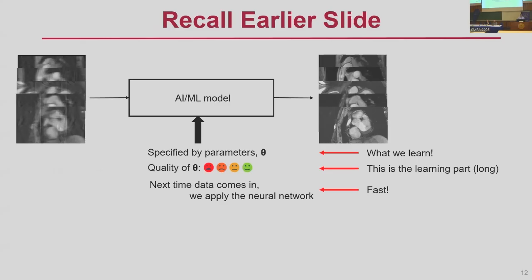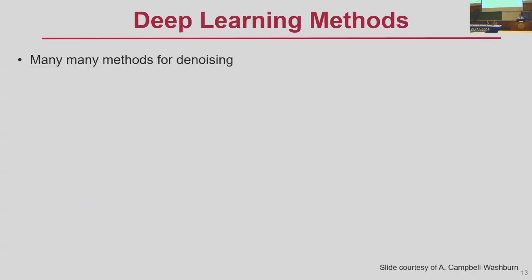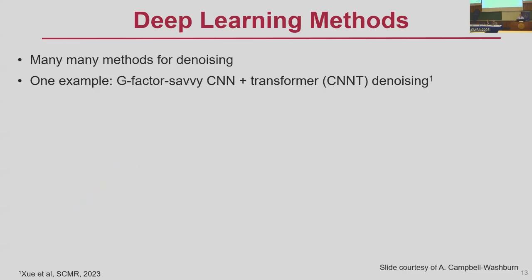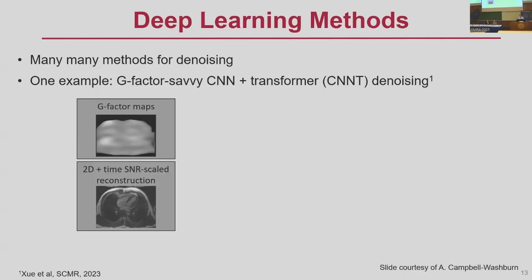So going back to that slide, and this was again covered in the last talk, we could be talking about network architectures, and I'm not really going to go into too much detail, but you can spend a lot of time choosing these and the new developments, and there's a lot of work in this in our community. One example that I'm going to highlight is denoising of linear GRAPPA reconstructed images. And here we know there's nonlinearity in the reconstruction in terms of noise amplification that is specified by the G-factor maps.